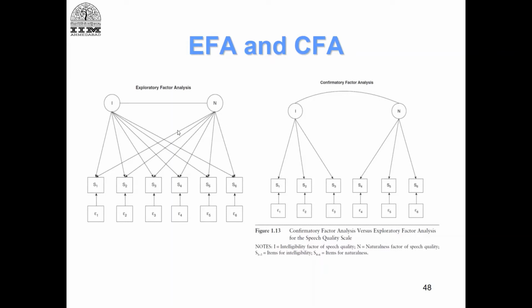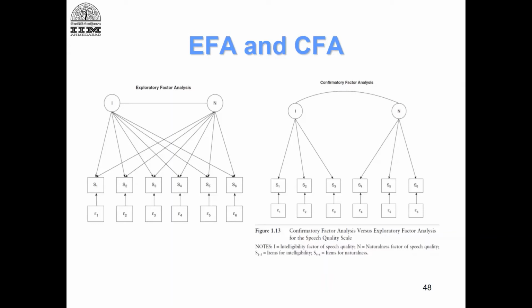So when you are developing your own scales, you will have to do EFA, understand the factor structure, and then collect another sample, and on that second sample do a confirmatory factor analysis. You explore the factor structure on one sample and confirm it on a second sample.